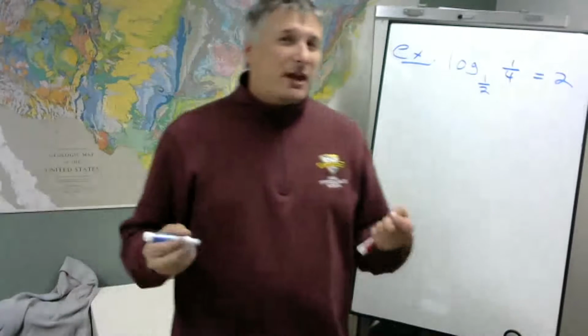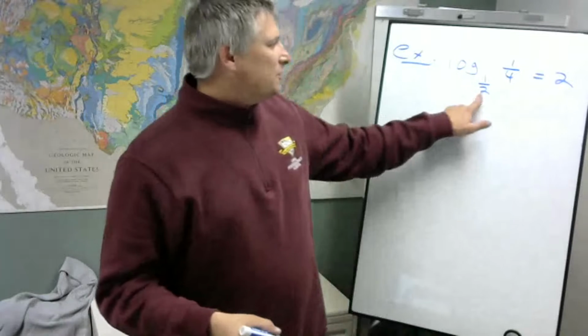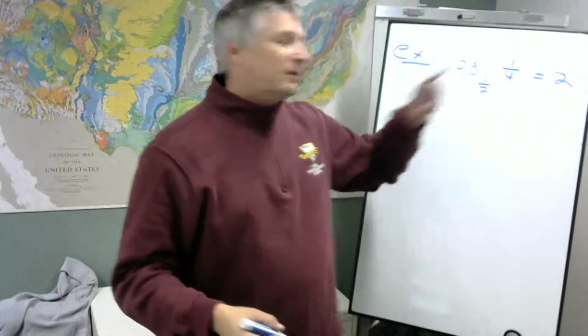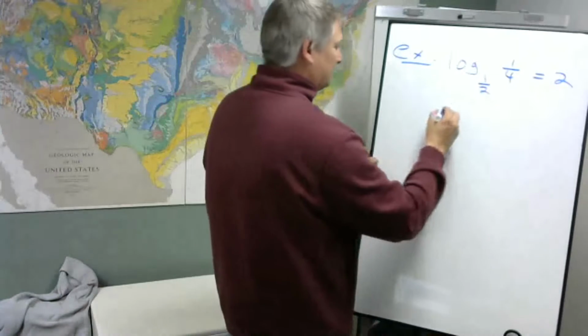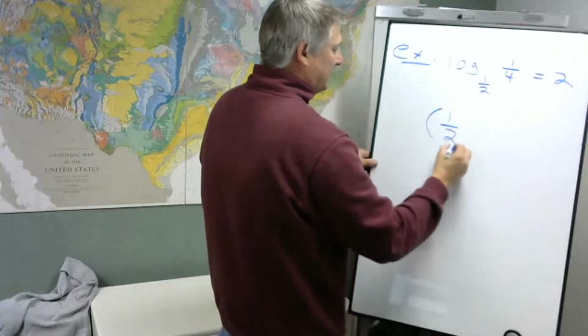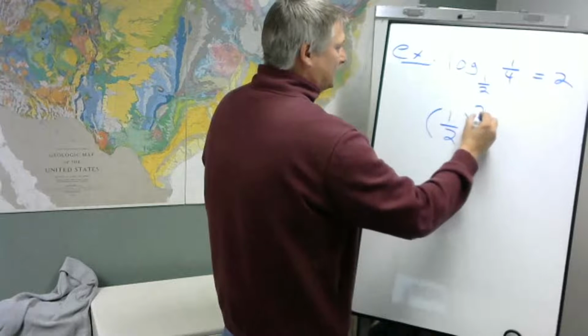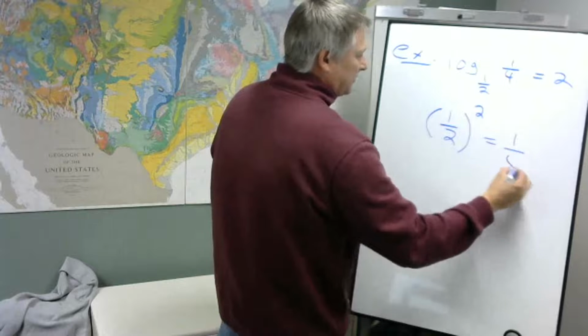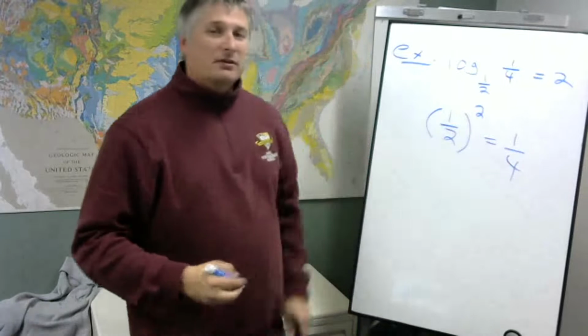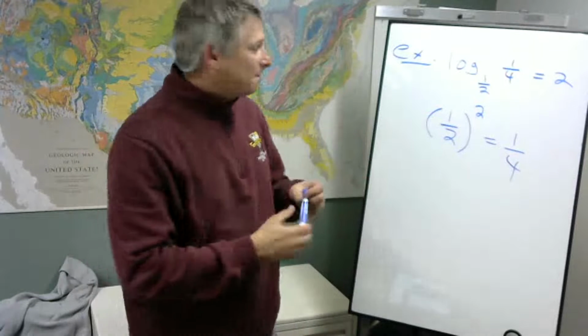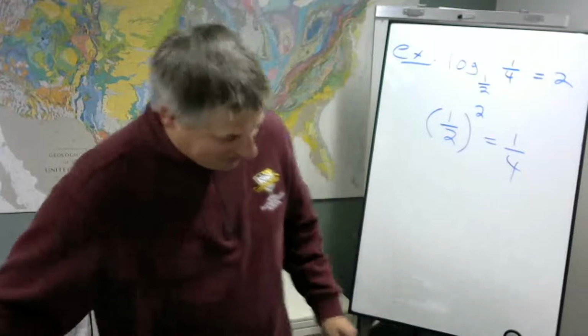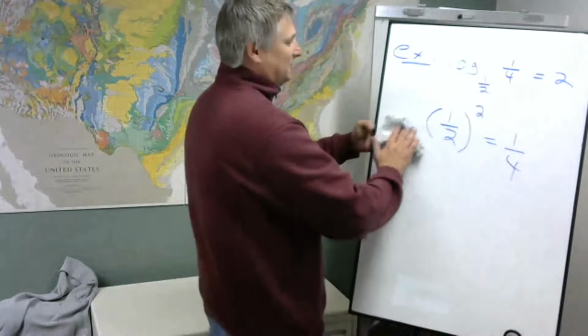If you want to write this in exponent form, 1/2 to the second power gives you 1/4. So the base is still the base, then the exponent, and sure enough, this is true, 1/2 to the second gives you 1/4. And so you might see something like this. We can do another one.